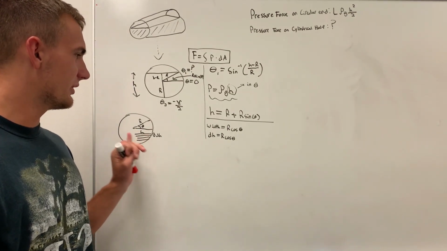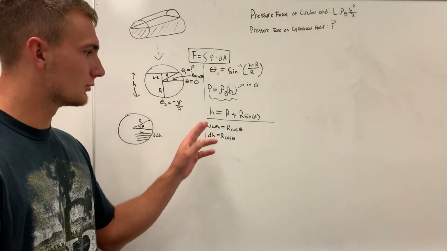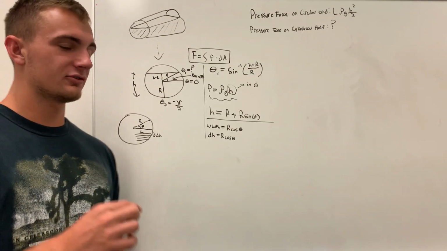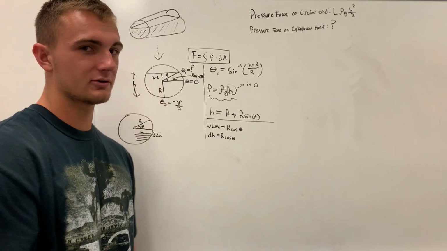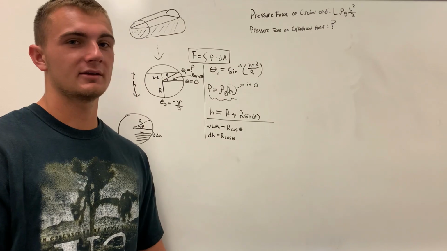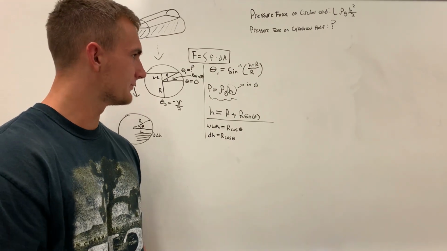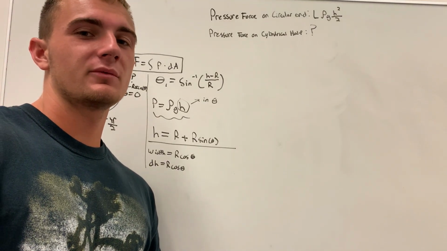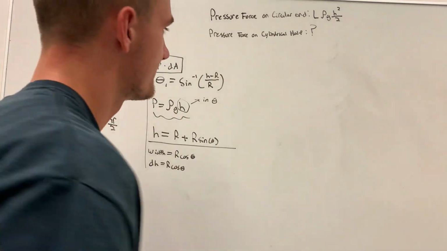We know that the width all the way up one side of the circle is R cosine theta, and that the differential change in height, the little strips that we have drawn, would be found by taking the integral of the expression we already found that has H in terms of theta. So now that we have everything expressed in terms of theta, we can go ahead and just plug it in and evaluate our integral.